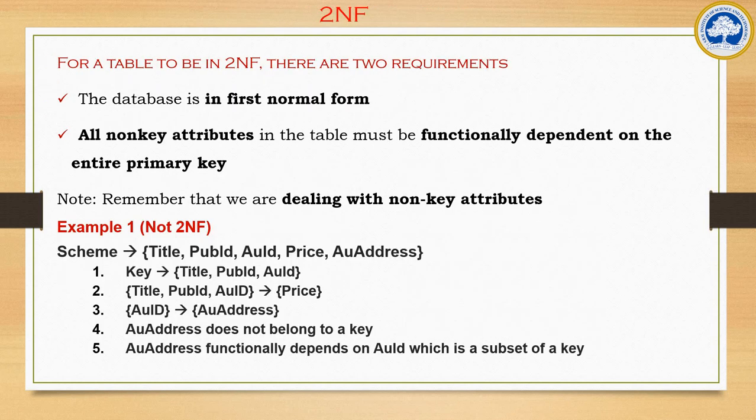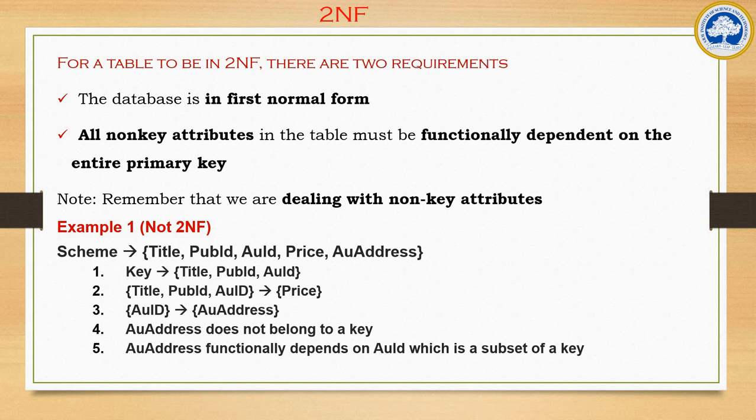Now we come to the second normal form. The first condition we already discussed: whenever we go for normalization, it should satisfy the previous normalization condition. So the database must be in first normal form, and then all the non-key attributes in the table must be functionally dependent on the entire primary key.